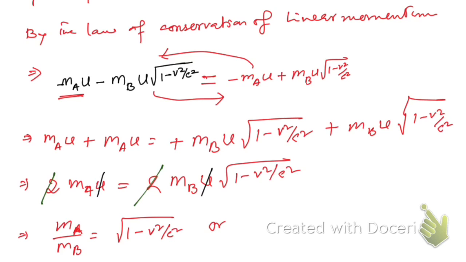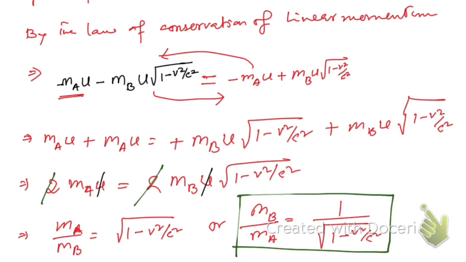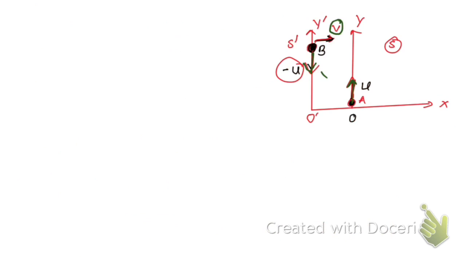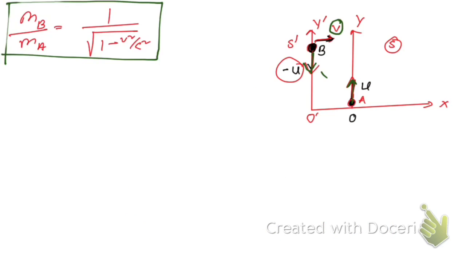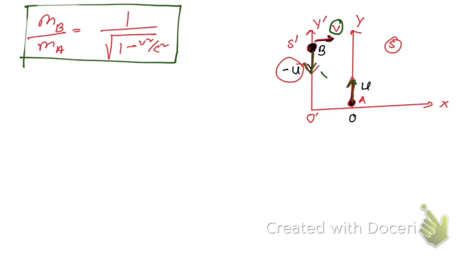Or you can write MB by MA is equal to 1 by root over 1 minus v square by c square, right? Okay, now let me copy this relation to the new slide. So this is nothing but the relation between mass and velocity.